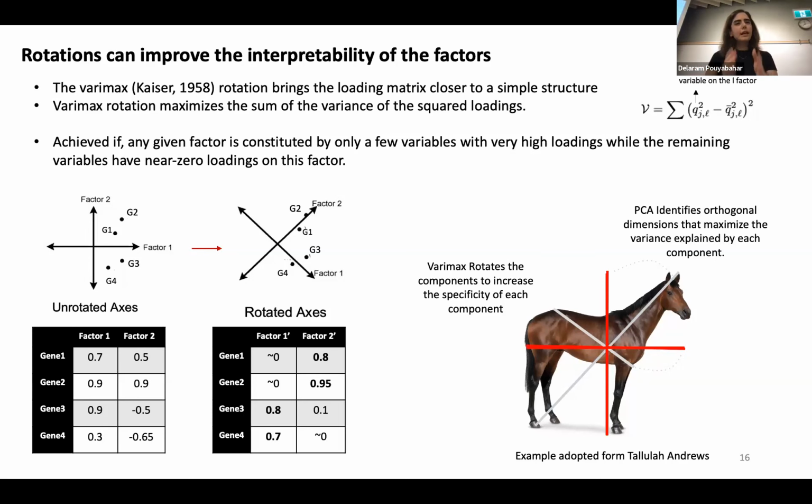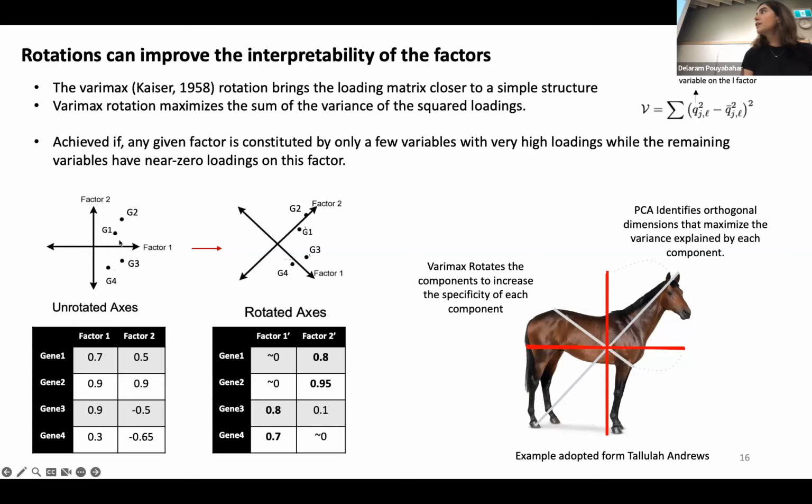So you can easily associate each factor with a specific number of genes. Instead of having a lot of genes with some middle score, you end up with factors that have high scores for a few genes and the rest of the scores are close to zero. And I'm trying to show that in this simple example right here.